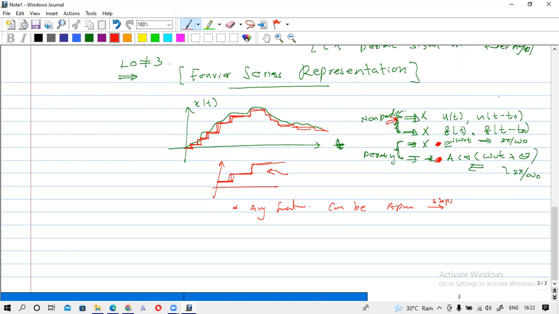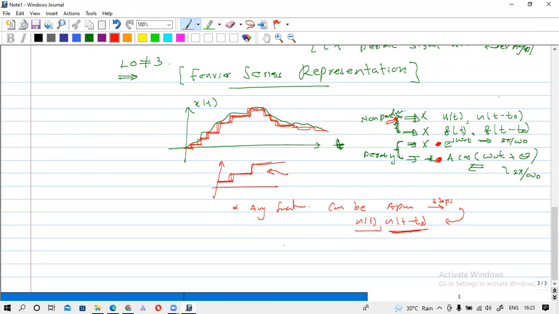And any step function can be written with a unit step function and shifted unit step functions. So the idea is, any function can be represented through unit step functions and shifted unit step functions.